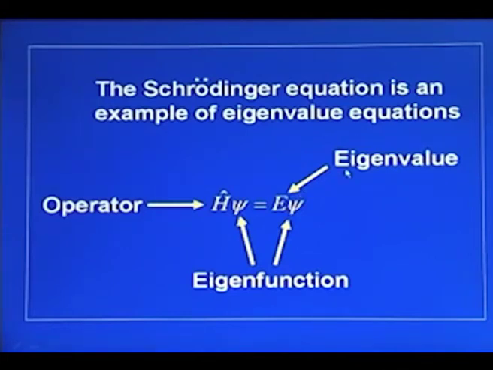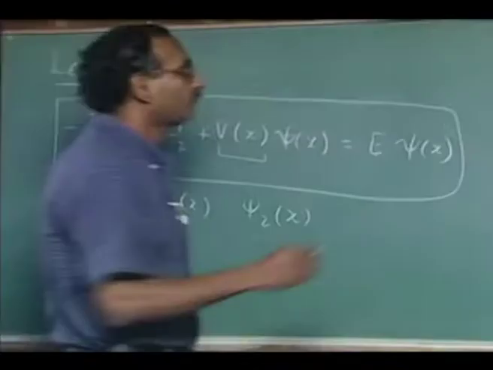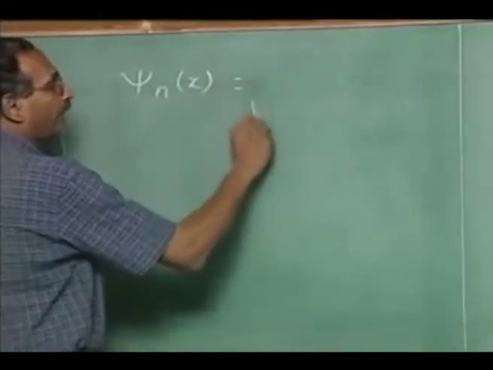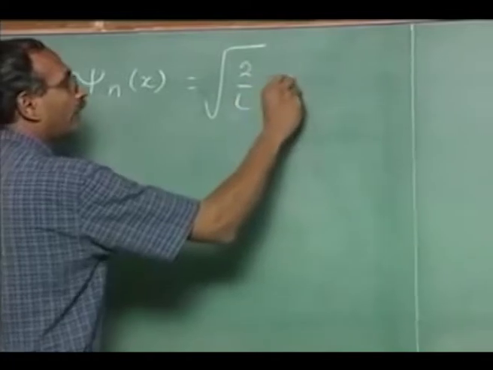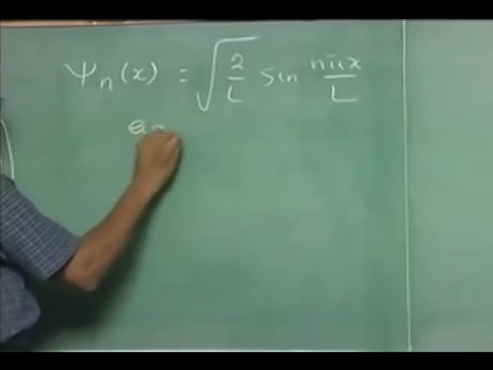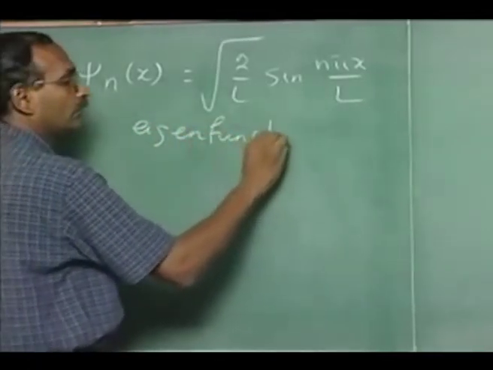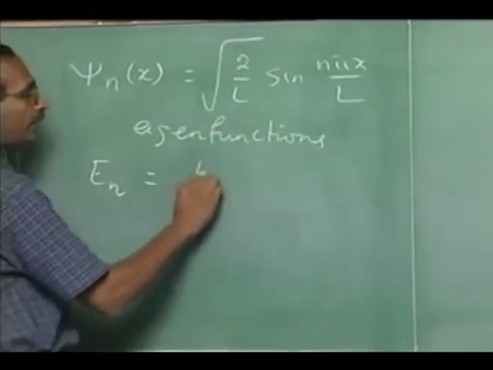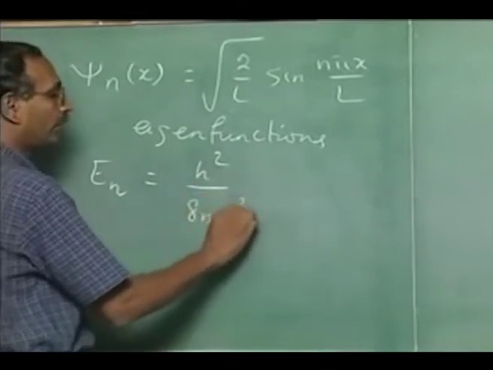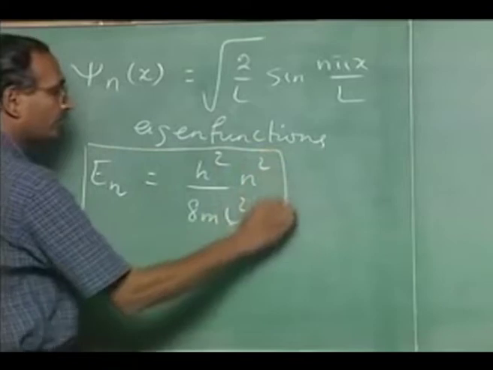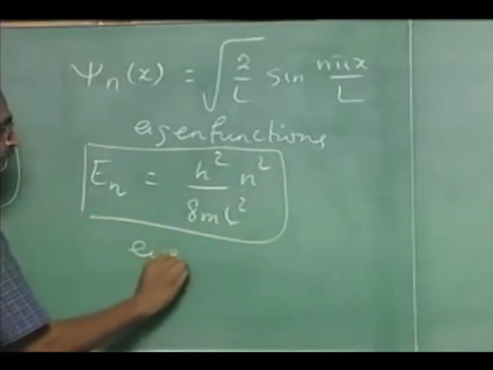In this terminology, for the particle in a one-dimensional box, you might associate with them psi n of x equals root 2 by L sine n pi x by L as the eigenfunctions, and the energy E n, which you obtained as h square by 8 m L square times n square, where the potential is 0 in the box of length L, as the eigenvalues.